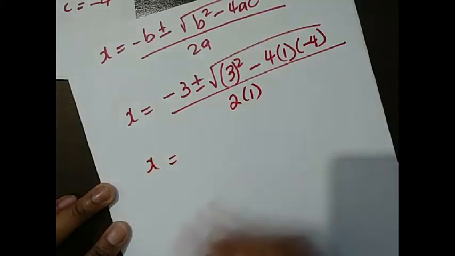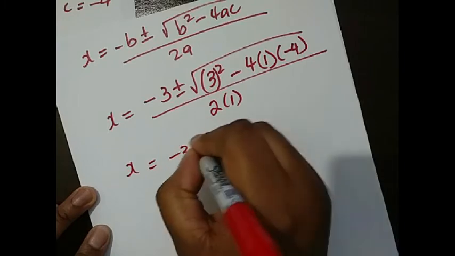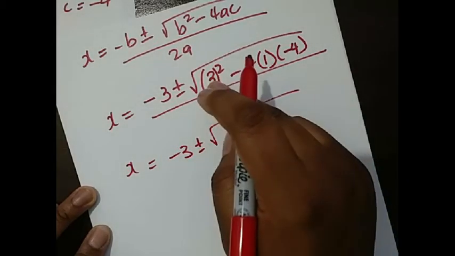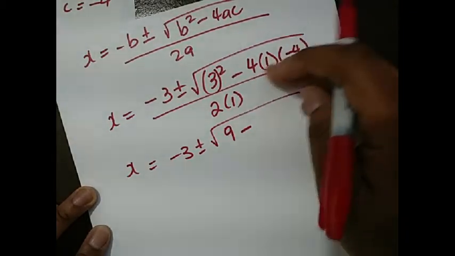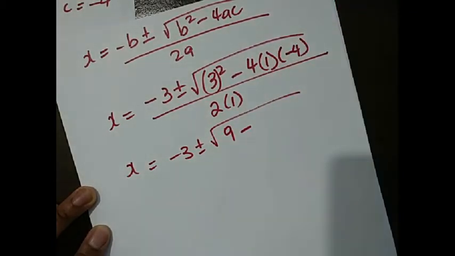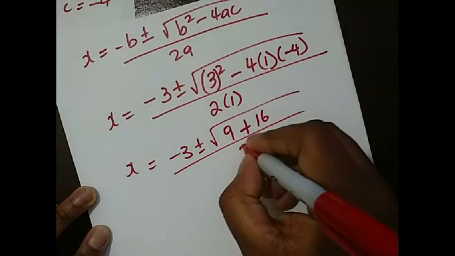Now let's simplify, or let's clean up our work. So we have negative 3 plus and minus the square root of what? 3 squared is 9 minus 4 times negative 4 gives me positive 16, all over 2.